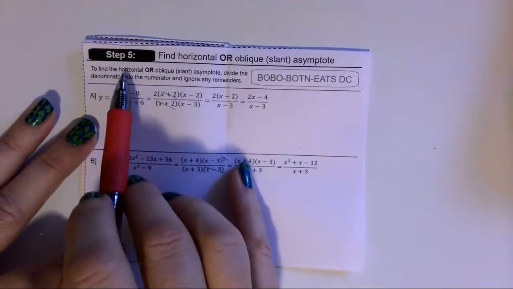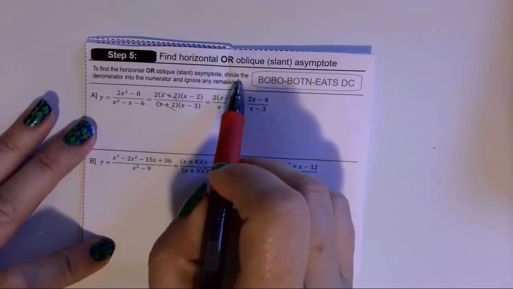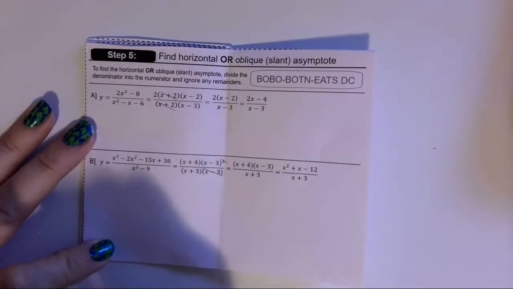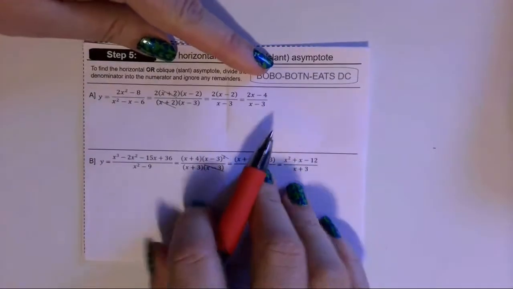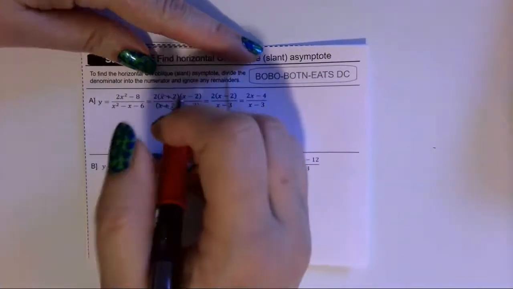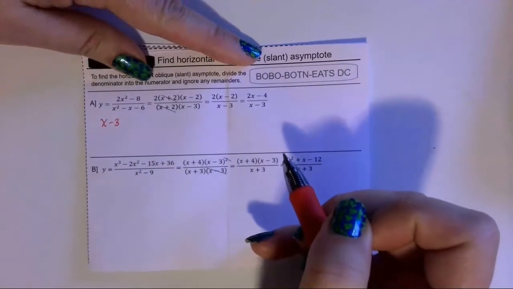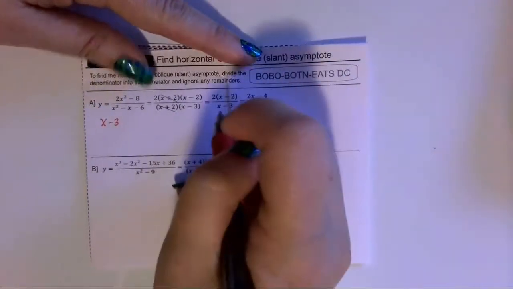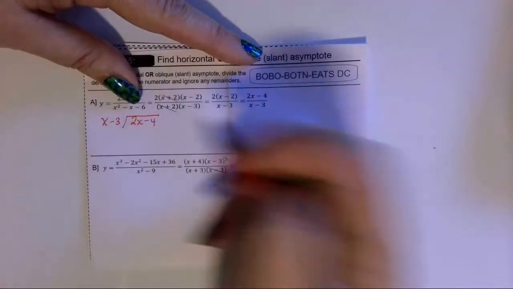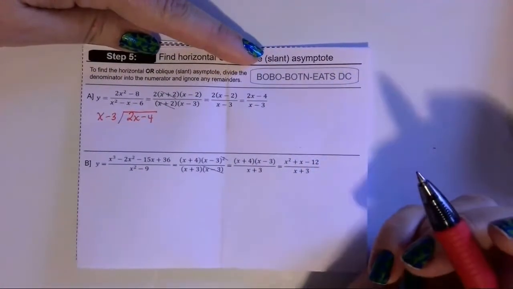So we're going to find the oblique or horizontal asymptote by dividing the denominator into the numerator and ignoring any remainders. So if I take this x minus 3 and I divide that into 2x minus 4. Okay, and I can use either long division or synthetic division.